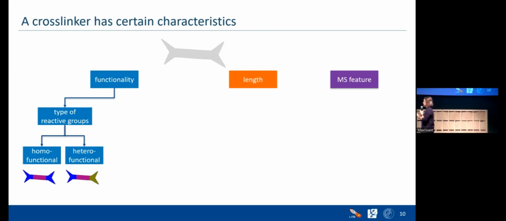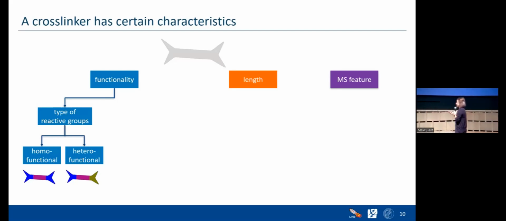Here in this crosslinker, both arms are shown in blue. I show them in blue because they are homofunctional and they target the same residues on the protein side.